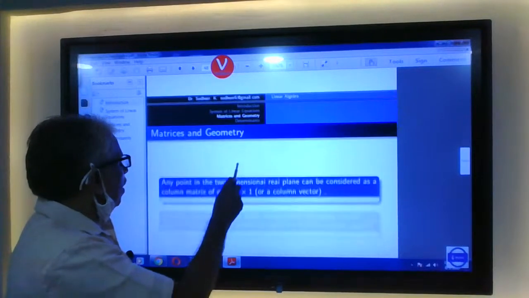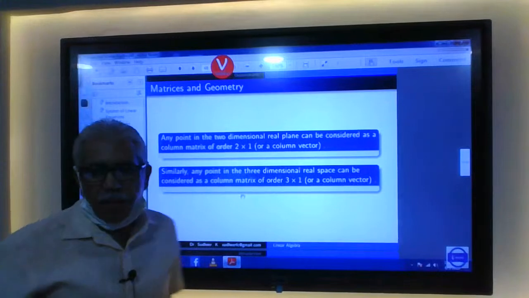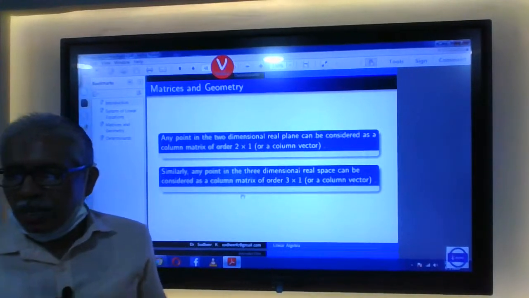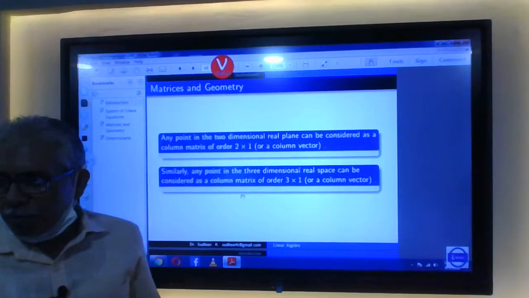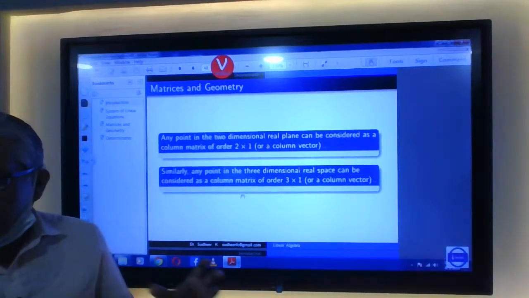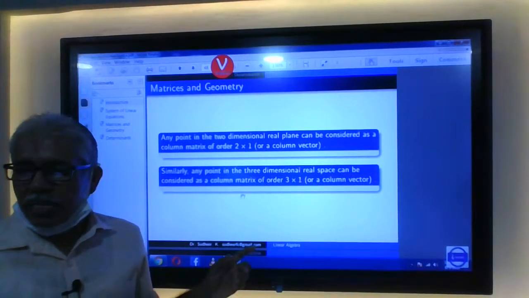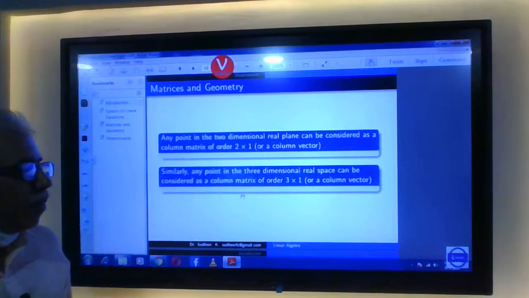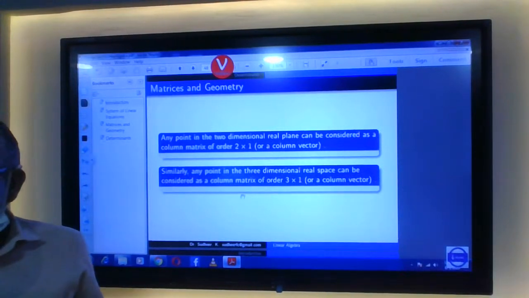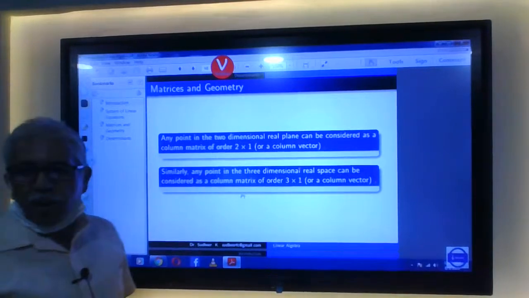Now, when you consider points in the two-dimensional plane or points in the three-dimensional space, you can associate the points to be a 2 by 1 matrix or a 3 by 1 matrix. That's what I already mentioned. You call it a vector, or the column matrix representing a point.